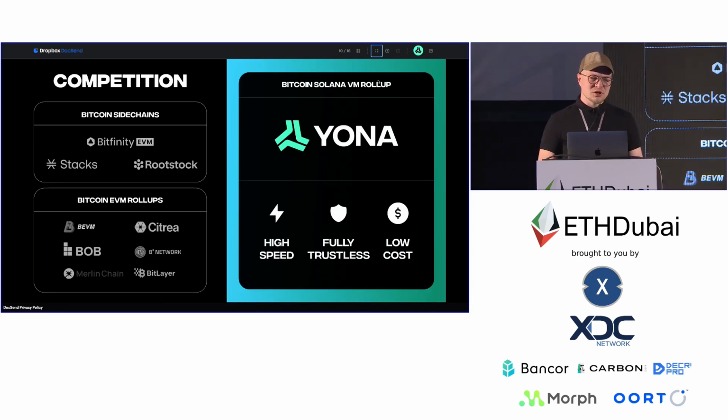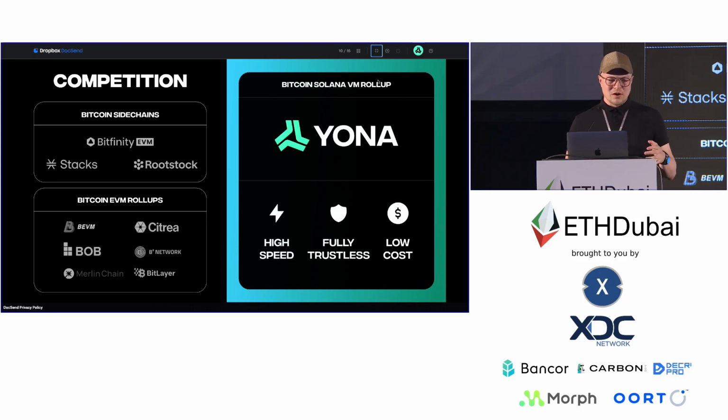Well, as for competition, the Bitcoin ecosystem is very hot these days. There are several sidechains, pretty old ones like Stacks and Rootstock, but they are not trustless. So their security is not the same as the security of Bitcoin itself. That's why we don't think they are competitors.